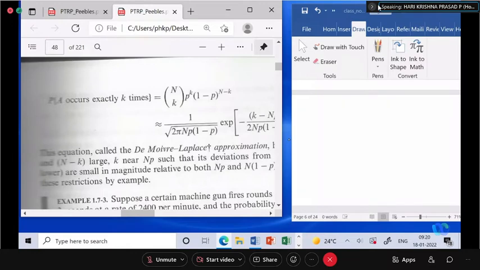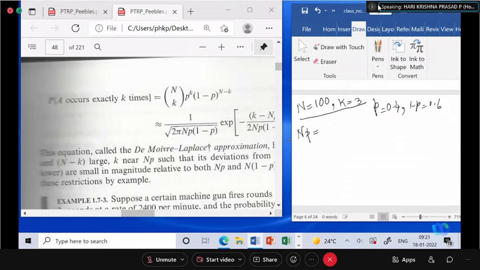K near np. Now in the previous example I took n equal to 100 in one case, k equal to 3. Let me apply this. What is k? K equal to 3. K is near np. Say probability of occurrence of the desired event is say 0.4. 1 minus p is 0.6. Okay. What is np now? np equal to 0.4 times 100, it is 40.